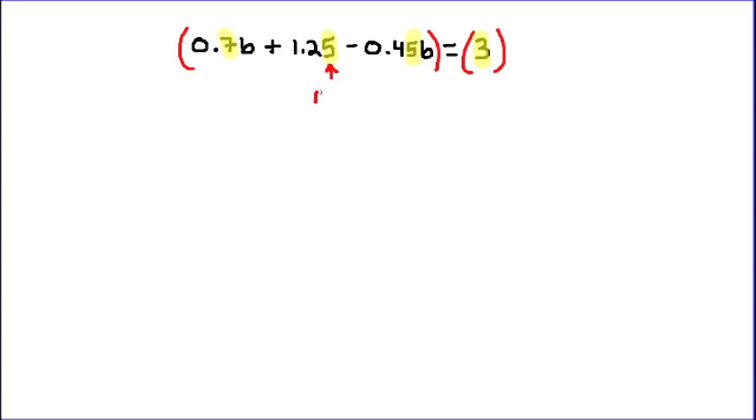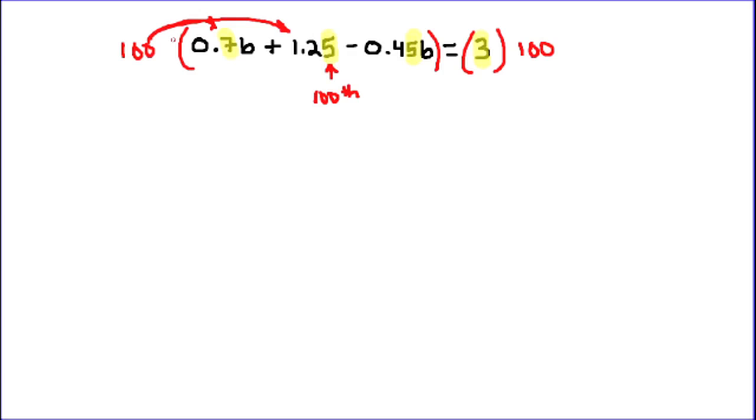Because this is the hundredths place, I'm going to undo that. I'm going to multiply everything on the left by 100 and everything on the right by 100. Once again, because I'm multiplying everything on the left and everything on the right by the same amount, I'm following the property of equality, so I know the two sides will remain equal. So let's actually do that.